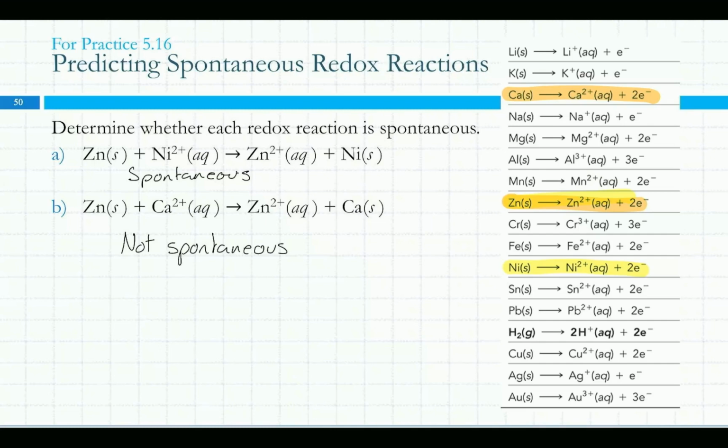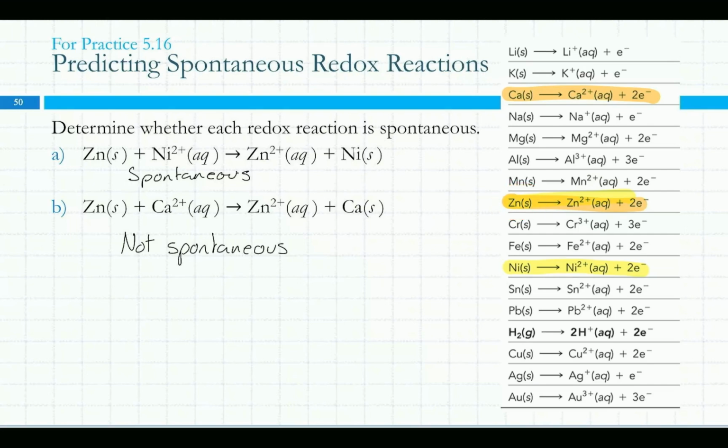Where the top was the least likely to lose an electron? If you want to rewrite the table, I'm comparing the metal version of this one.